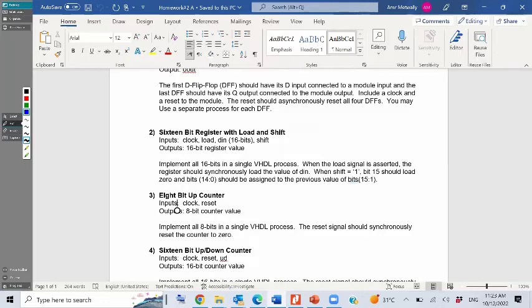When shift is high, bit 15 should load 0. Why 0? Because it had its output, I finish with it. I am not giving any other inputs. Another shift, it will keep on pumping to the next one. The zeros will be pumping to the next ones. This is how the second one would look like.